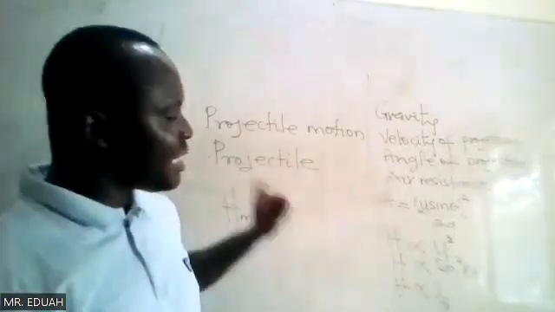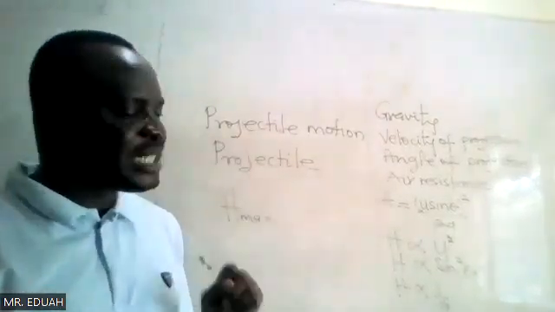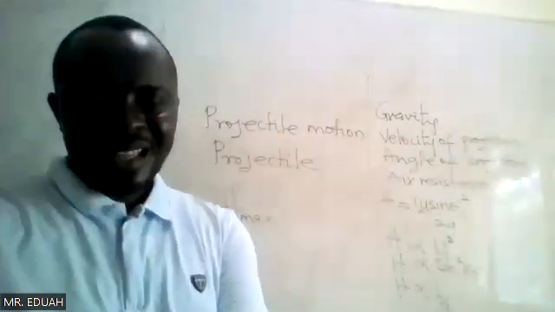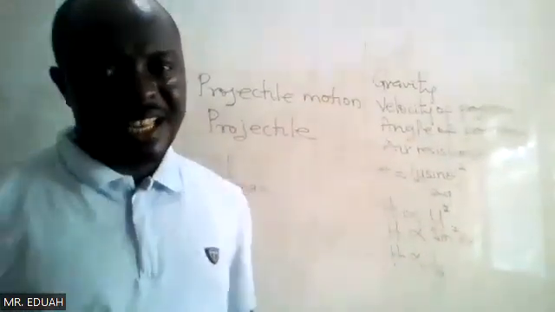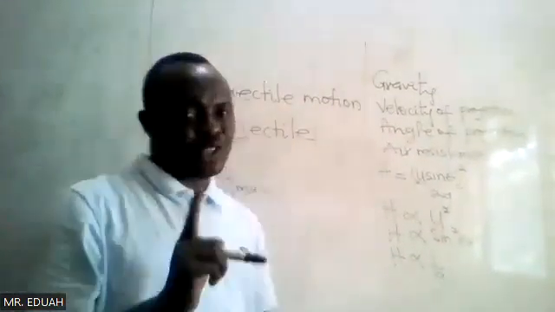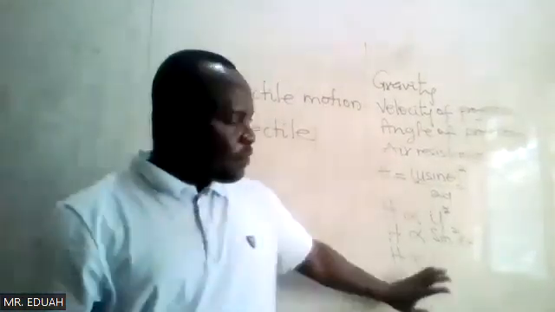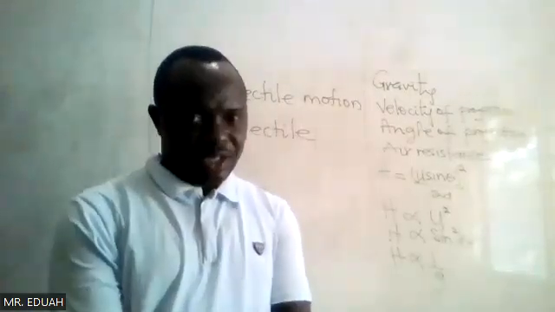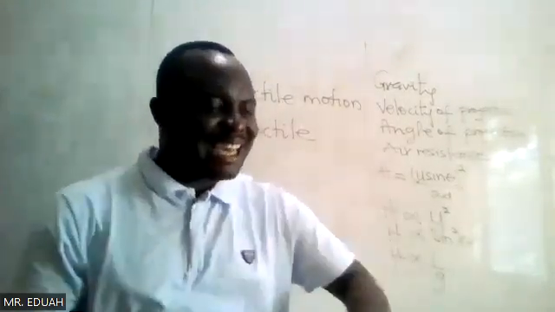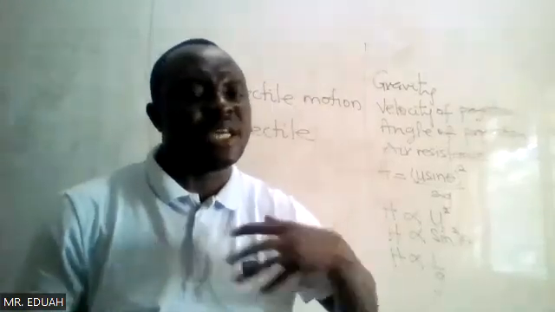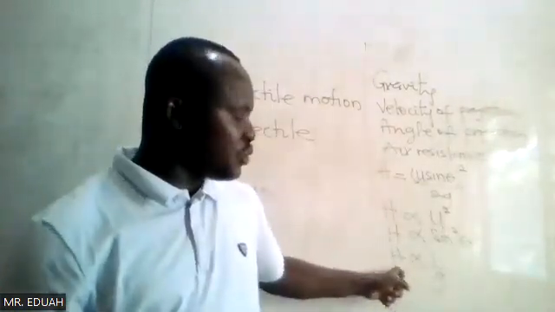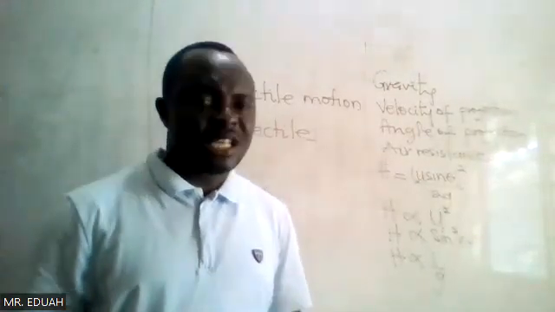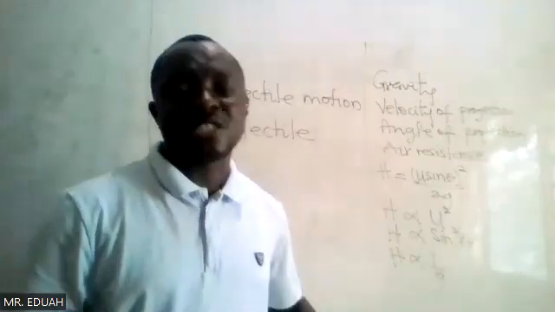For gravity, we won't take it as an effect. The reason is that even though gravity affects the projectile, gravity is constant on the surface of the earth, meaning that gravity cannot be made to change so that it will change H. So long as we find ourselves on the surface of the earth, gravity is constant.